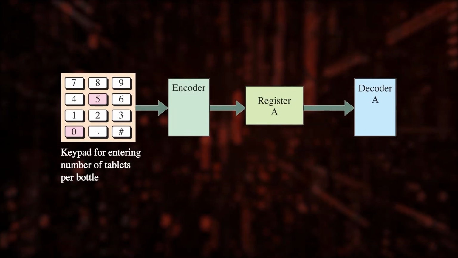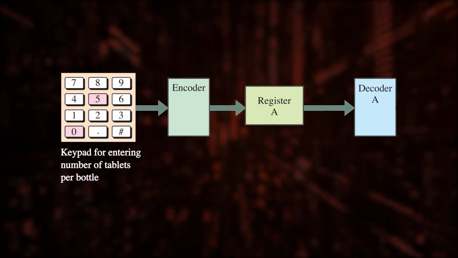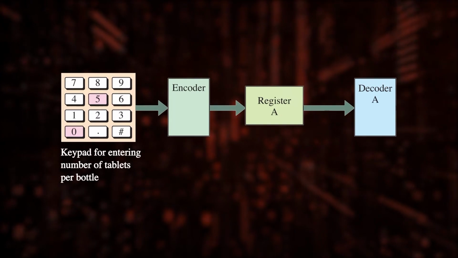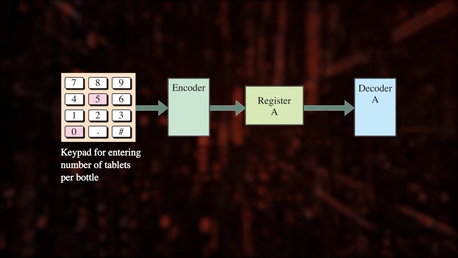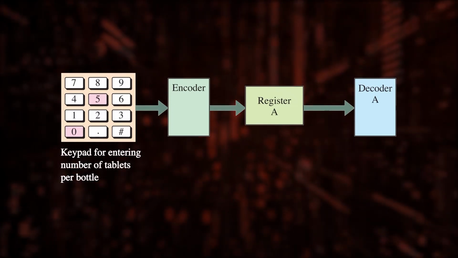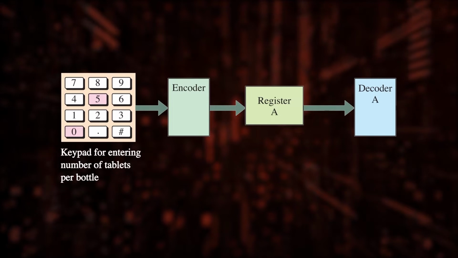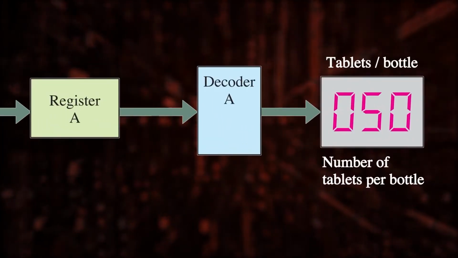The decoder converts coded information such as a binary number into a non-coded form such as decimal form. So, the decoder takes the binary value from the register, decodes it into decimal form and displays it on the monitor. So, as we enter a number, it will be displayed on the monitor. What I described so far is the first phase of this system.